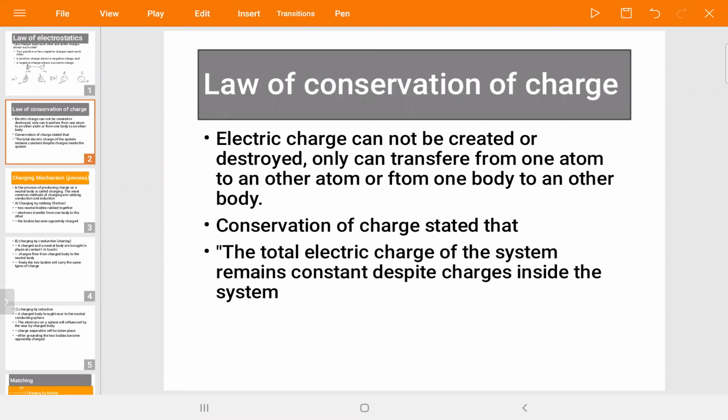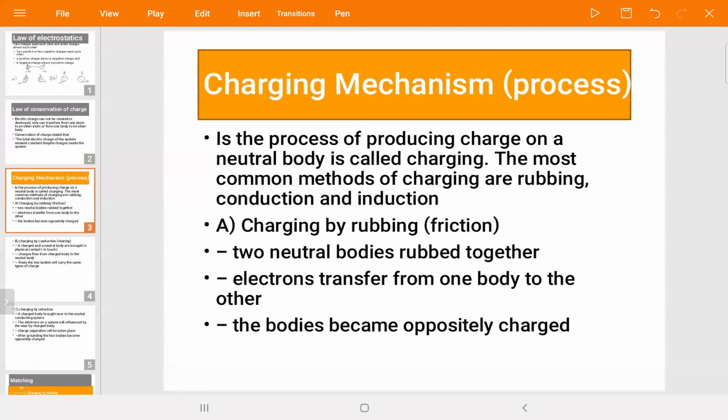There may be a charge that transfers from one body to another body, but if our system is an isolated system, no charge will leak. So the amount of charge in a given system remains the same.